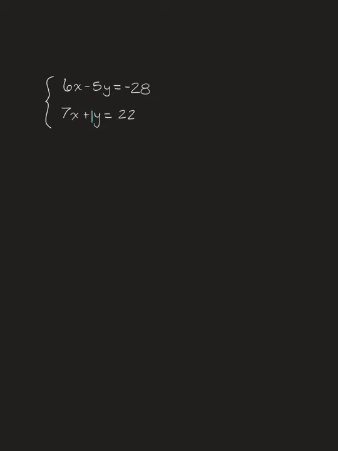So that looks like the easiest to get by itself. So if I subtract 7x from both sides, I will get y is equal to negative 7x plus 22. And I have now isolated y. So now I can take this value here, the negative 7x plus 22, and plug it in for y in the other equation.